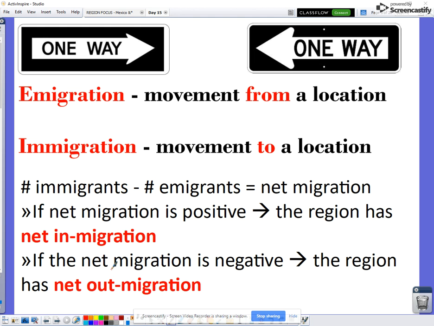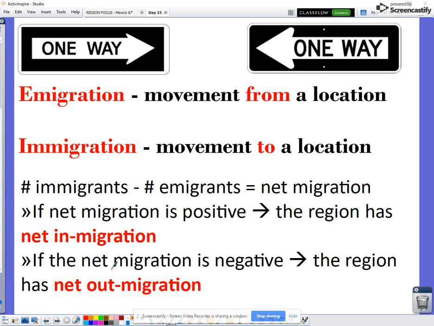The second thing we talked about was the difference between emigration and immigration. If I'm an emigrant, I'm moving from. If I'm an immigrant, I'm moving to. And one of the things I know that the AP curriculum focuses on is this term net in migration and net out migration. When we're looking at countries that are net in migration, these are places where there is lots of immigration.